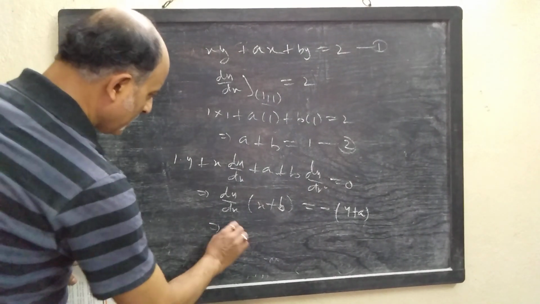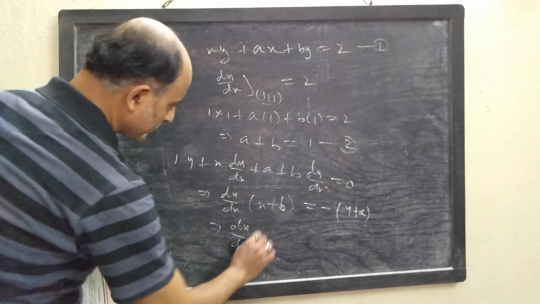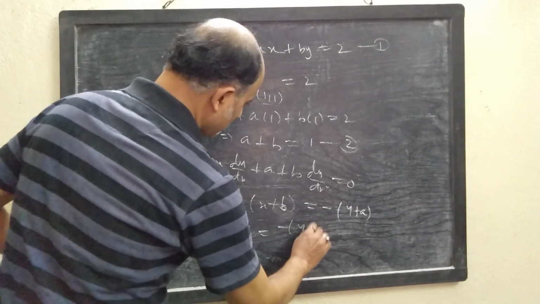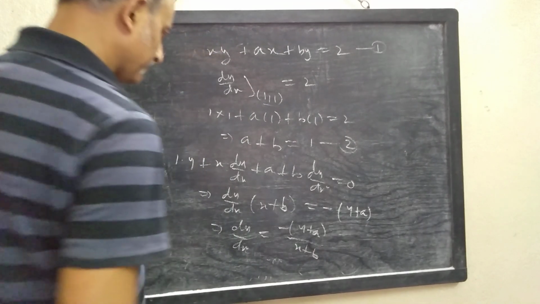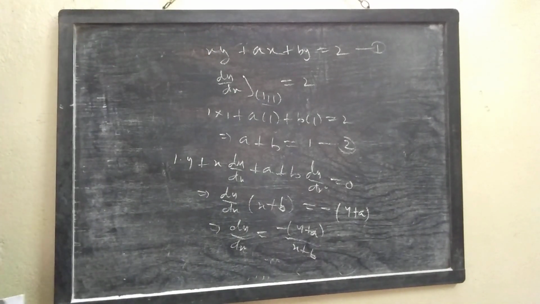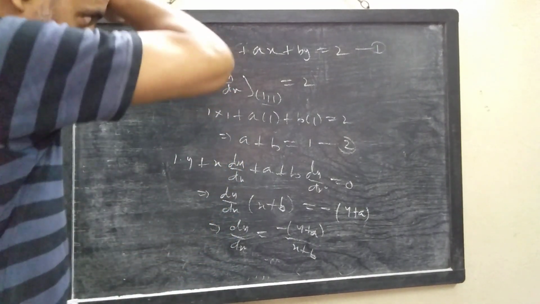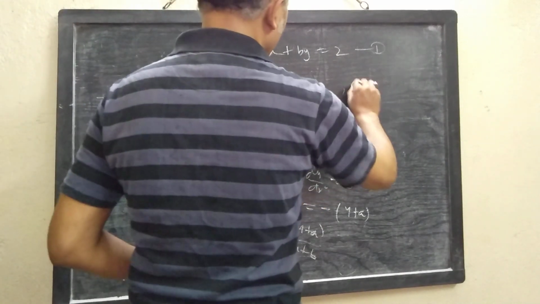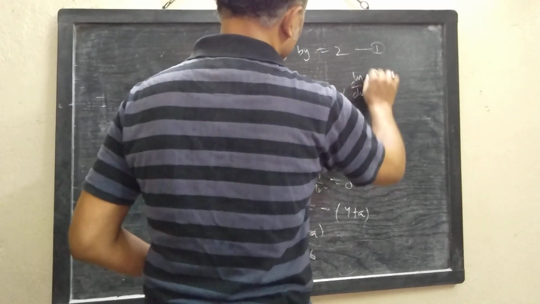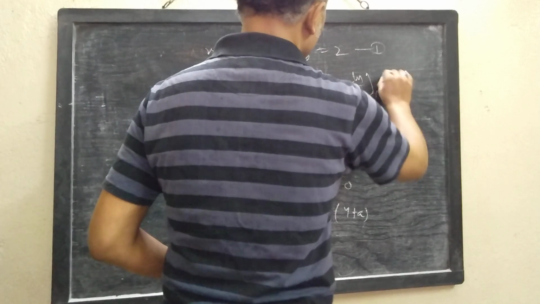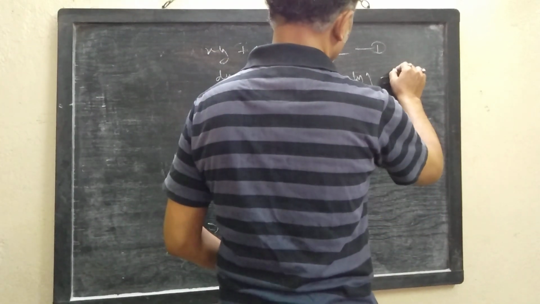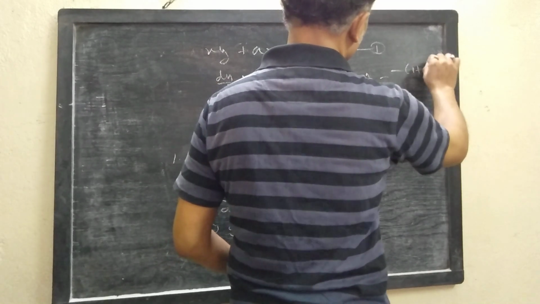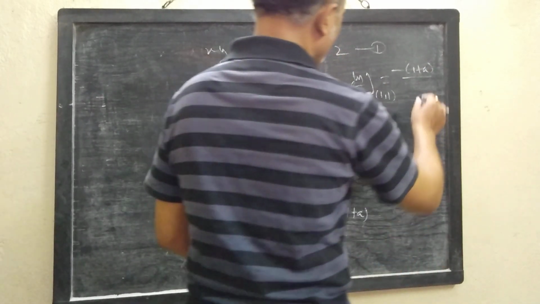So your dy/dx will be minus of y plus a by x plus b. Now at the point 1, 1, calculate dy/dx at 1, 1. This will be minus 1 plus a by 1 plus b.